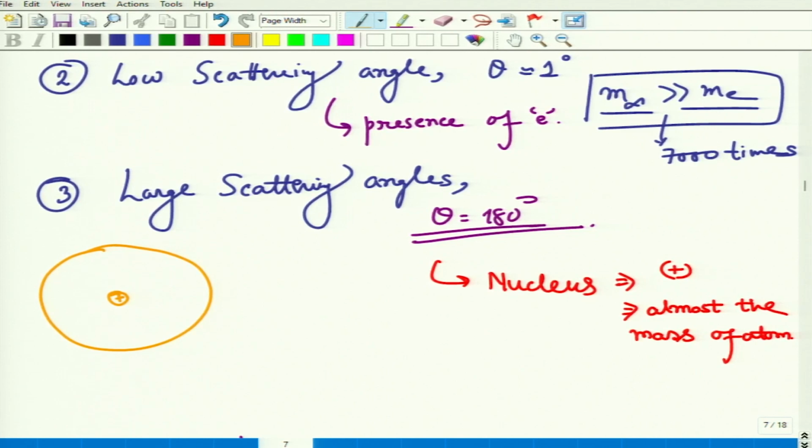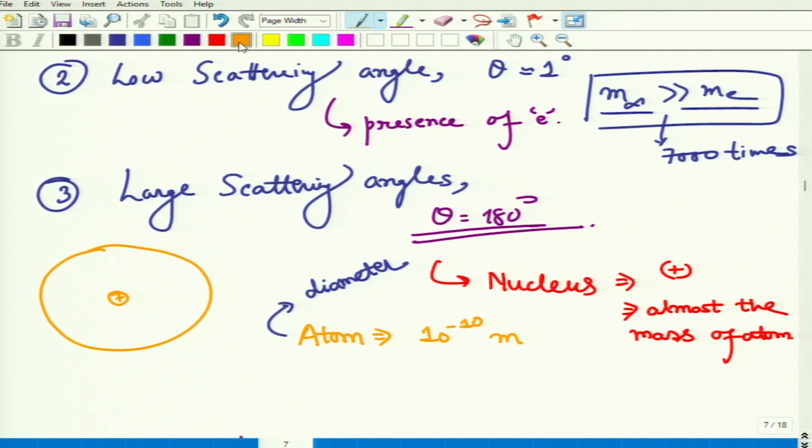Now if we analyze the result of the scattering, the theta and so on, we obtain the size of the atom. Sorry, not the radius, the diameter of the atom. The atomic diameter is 10 to the power minus 10 meter.